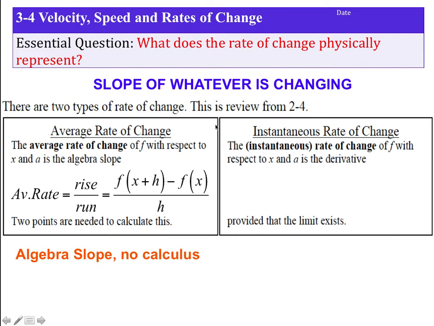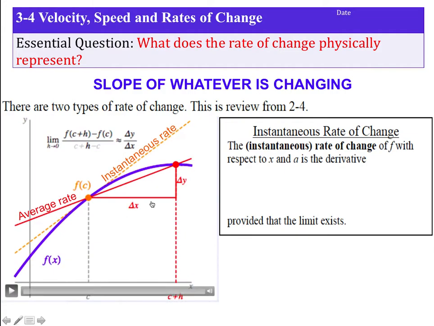So when we look at this new concept here, instantaneous rate, we know the rate means we're looking at a slope, and instantaneous means 1 point. So if it's 1 point, then it's taking the limit of this expression. And when we take the limit of this expression, we're setting ourselves up and allowing this to move back to the 1 point.